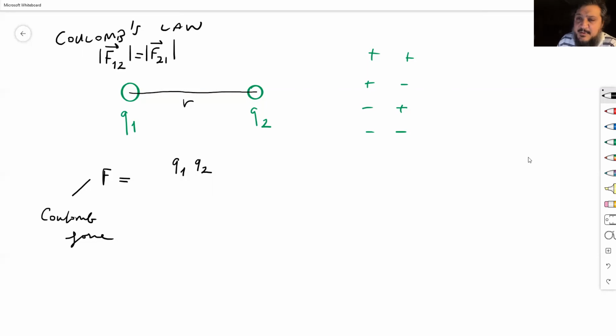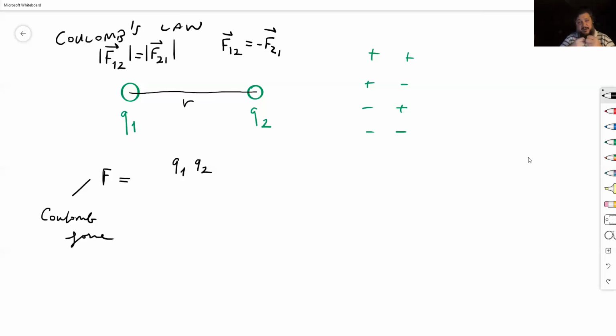But they have opposite direction, so F12 is equal to negative F21. Now, this force doesn't change its magnitude when you swap the charges. So multiplication works just fine because the order doesn't change anything in a multiplication.